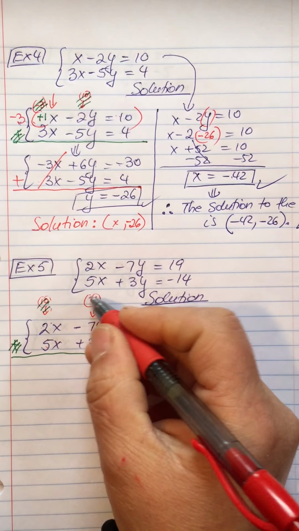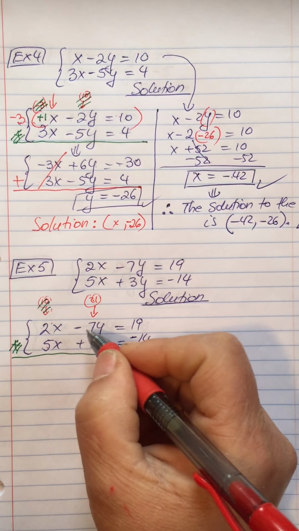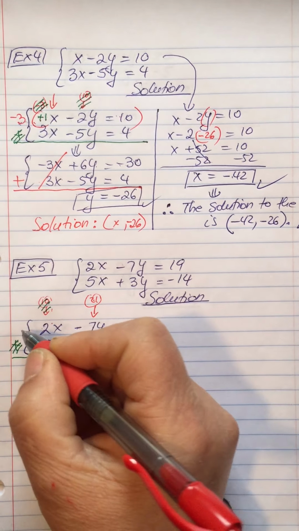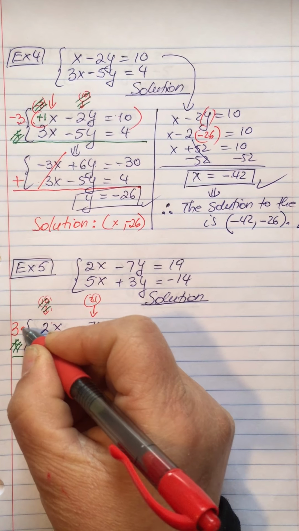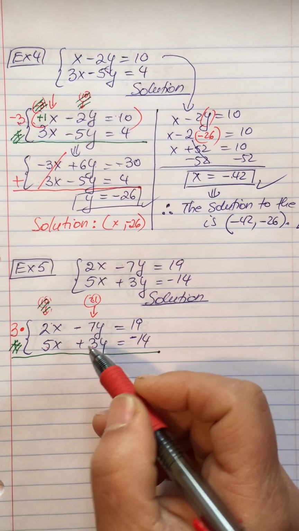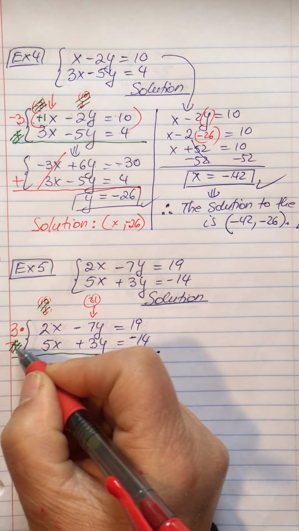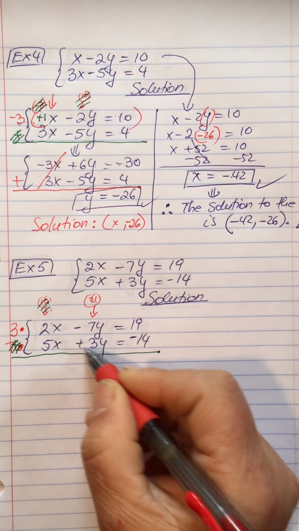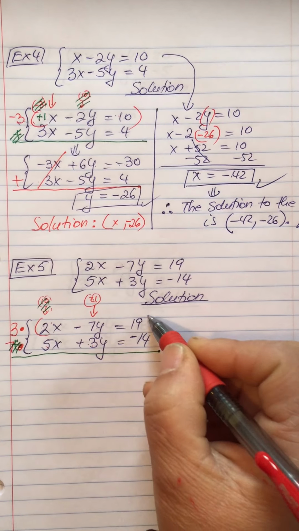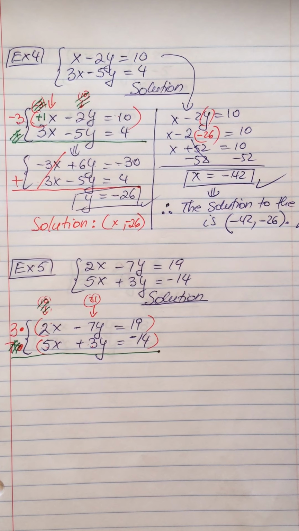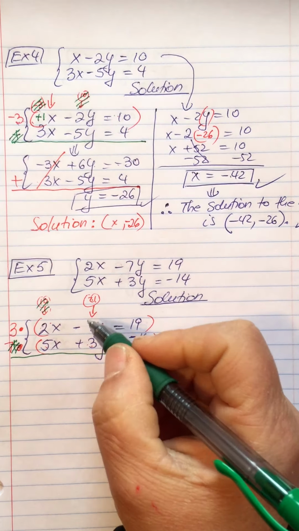So this suggests that I have to multiply negative 7 by 3, and this will be negative 21, and I have to multiply 3 by 7, and this will give me positive 21. I'm not allowed to do it only here, so I have to do it through the whole equation.